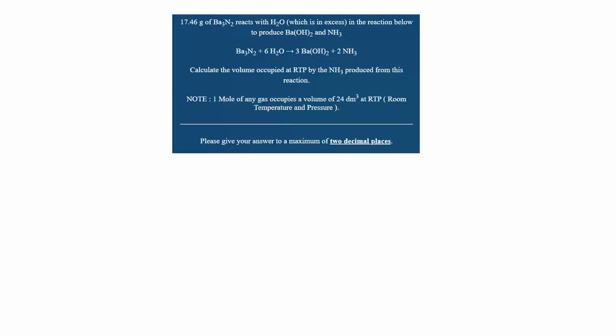Okay, and we've been asked to calculate the volume occupied at room temperature and pressure, specifically by the NH₃ produced, right? And the information we've been given is that 1 mole of any gas occupies a volume of 24 decimeters cubed at room temperature and pressure.